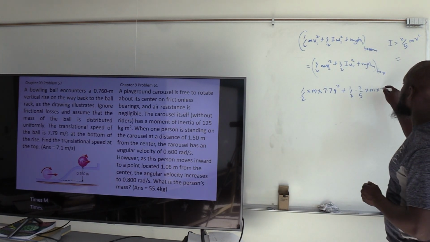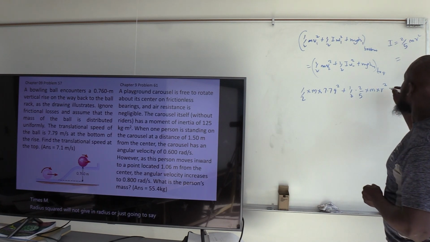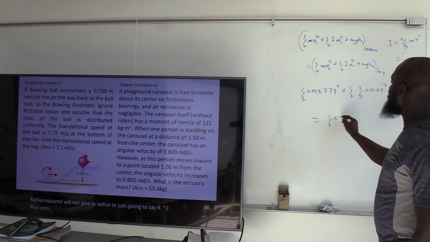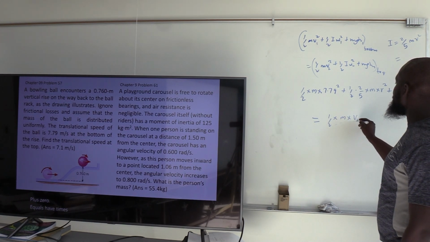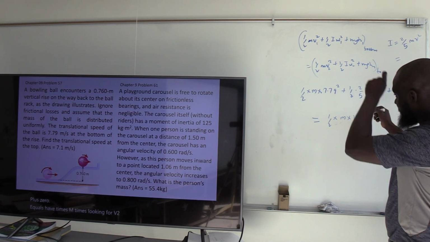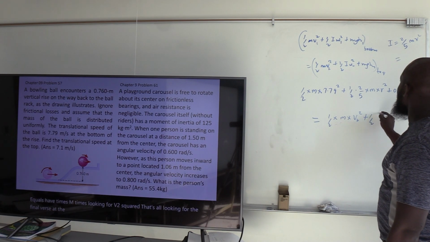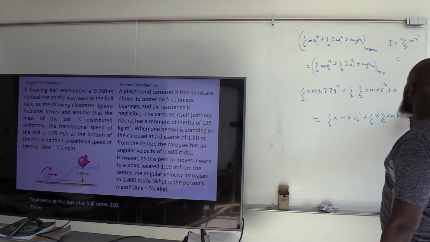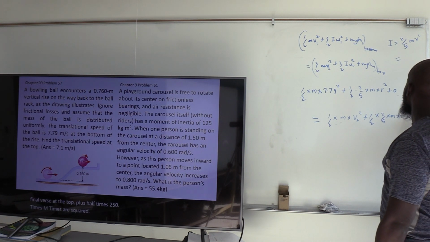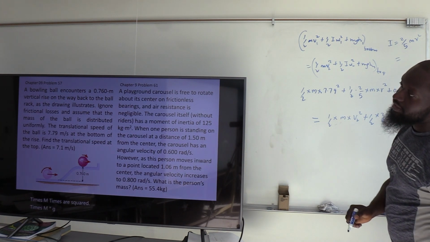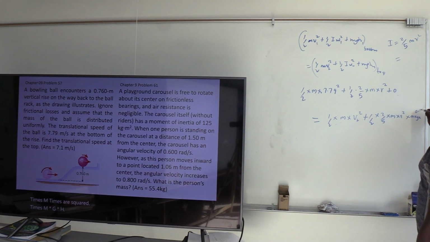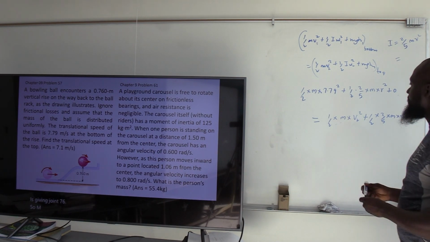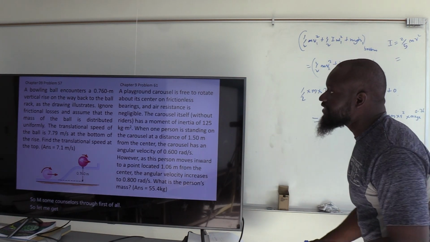We're not given the radius, so we're just going to say r squared, plus 0, equals half times m times, we're looking for v2 squared, that's what we're looking for, the final velocity at the top, plus half times 2/5 times m times r squared plus m times g times h, h is given, 0.76. Okay, so the m's we cancel all through first of all.